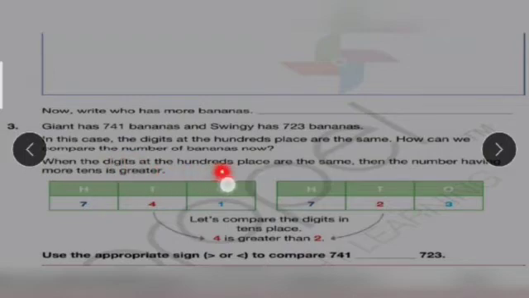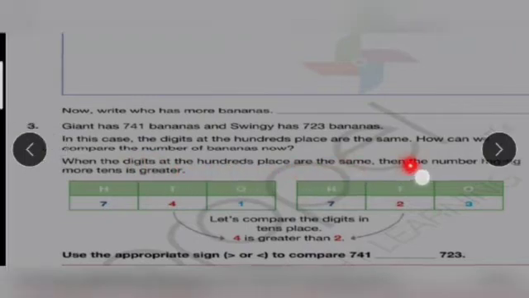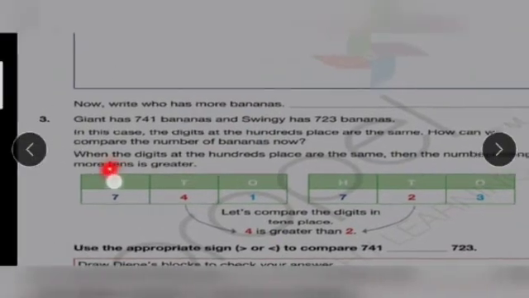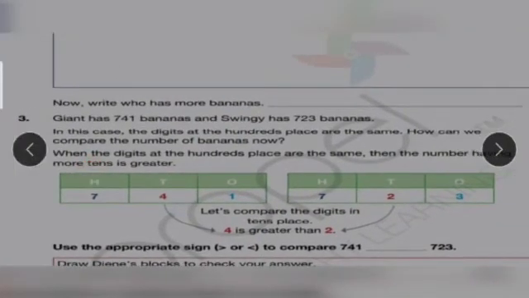Children, when the digits at the 100 place are the same, then the number that has more tens is greater. It means we have to compare the digit on the tens place. In the previous example, we compared the digit on the 100 place, but here the 100 place is the same. Here 7 is on the 100 place, and here also 7 is on the 100 place. That's why the 100 places have the same digits.